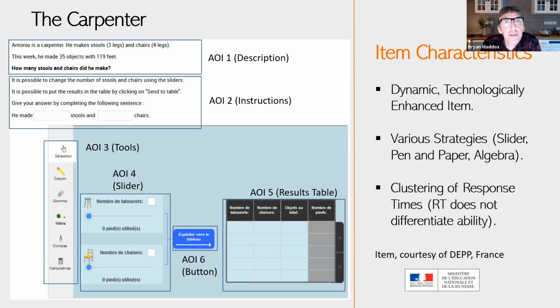And so in this case, we've used user experience data such as eye tracking to help inform the model building and the interpretation of the process data. And in this particular item, we found there was a clustering of response times. In other words, people who got the answer correct and people who got the answer incorrect tended to take about the same amount of time to complete the item.